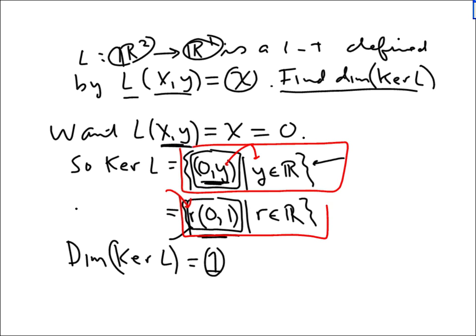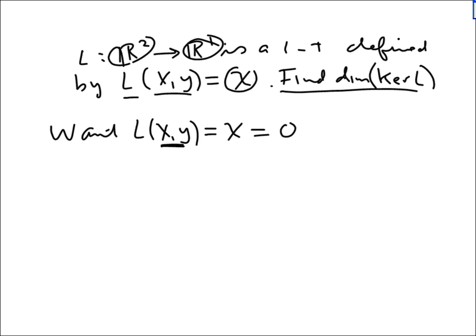That's said to be one-dimensional. You just have to pick a value for y, and you'll have an element in the kernel. You don't have to pick a value for x. It's been picked for you. The value of x is 0. It has already been chosen for you. It is the number 0.